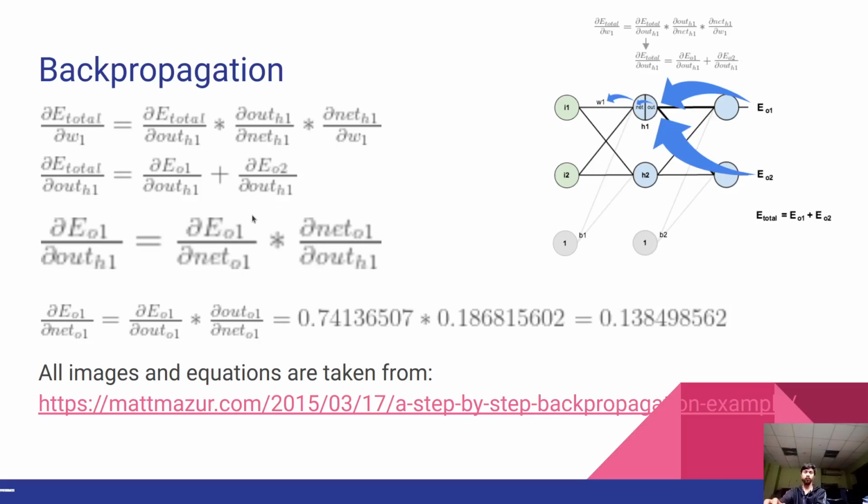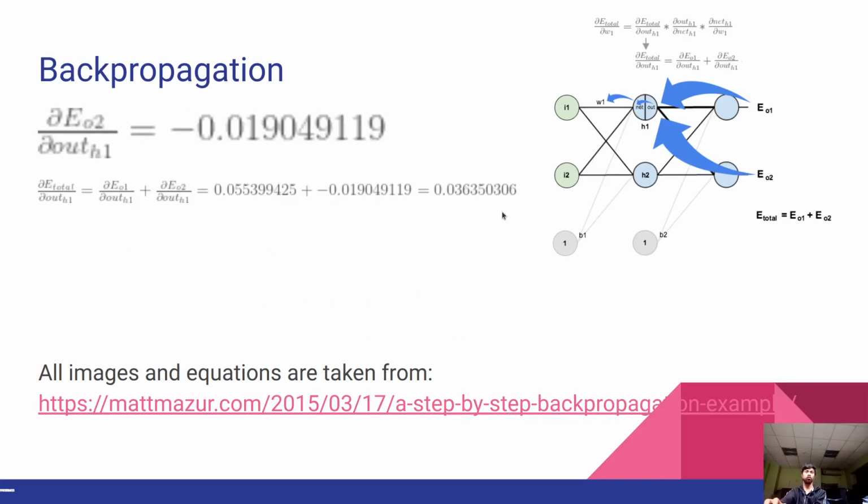Okay. So, now we are expanding this EO2 with respect to out H1. So, if we expand with respect to EO2, this will be EO2, this will be net O2, this will be net O2, and this will be out H1. Okay. So, again if we calculate those values, it will come to this one, minus 0.019.